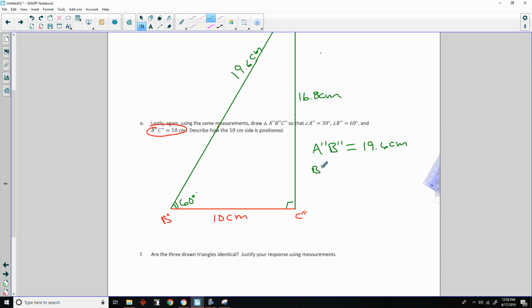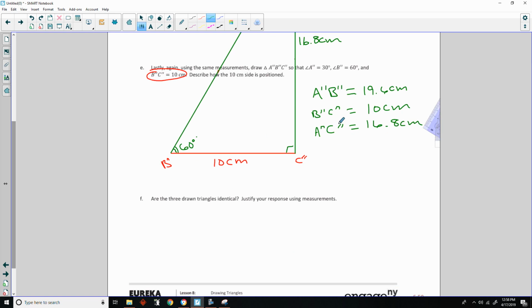B double prime, C double prime equals, that's this one here, 10 centimeters. And A double prime, C double prime equals 16.8 centimeters. Okay, so I'm going to put these responses down here.